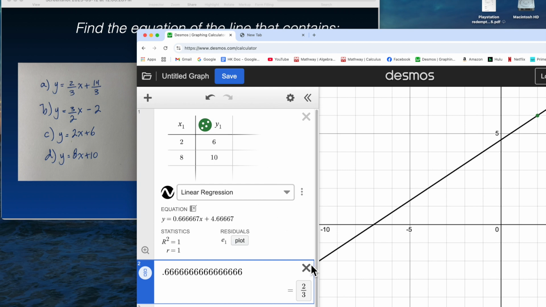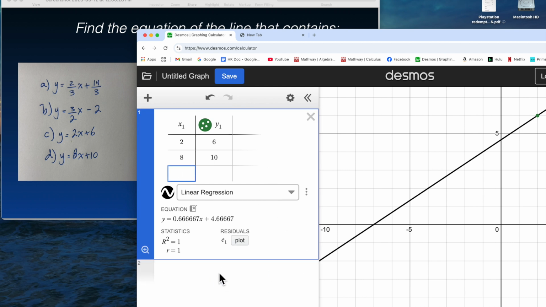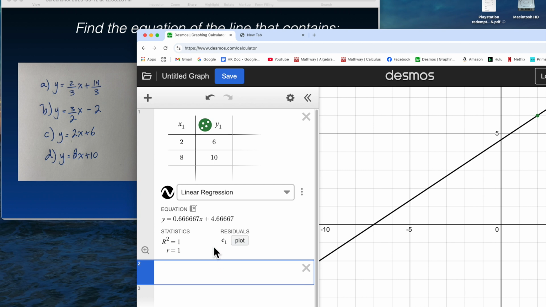Now, if you look at the other decimal that's given to you in this linear regression, let's look at this, 4.6667. And we hit the fraction button. That is not helpful.